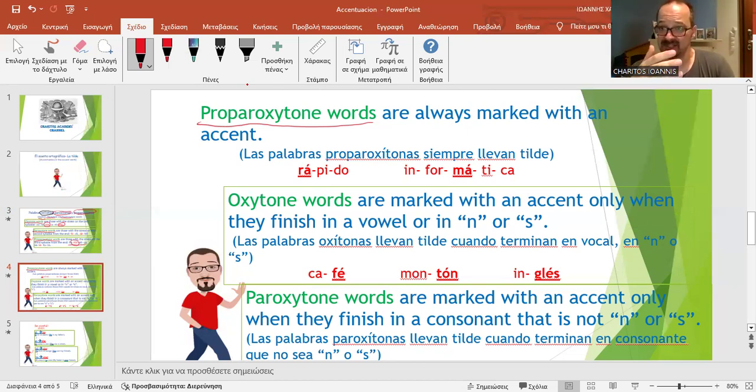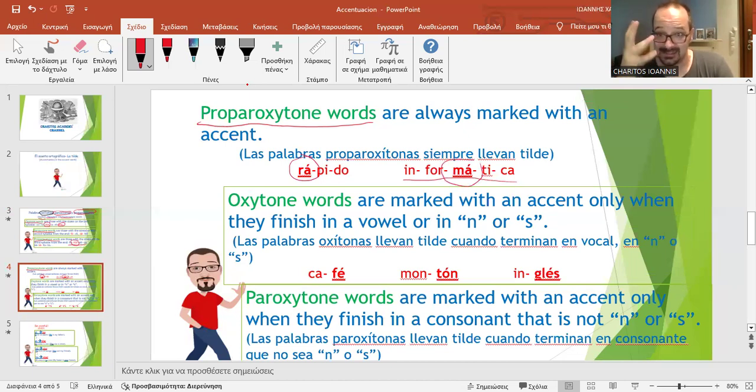That has three syllables, and because the phonetic accentuation falls on the third syllable before the end, rápido, I must write the accent, la tilde, right? The same goes with this very long word, informática, that has five syllables. However, the sound falls on the third syllable before the end.